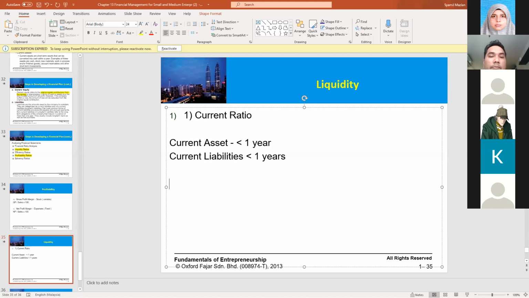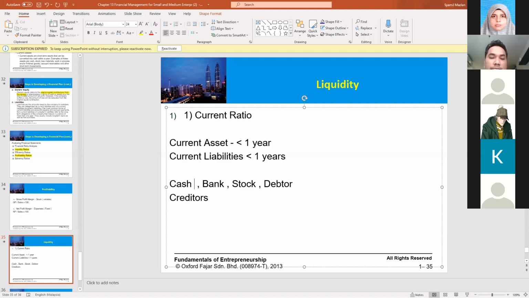Examples of current asset: cash, bank, stock, and the debtors. How about the current liabilities? The creditors. I think only the creditors are less than 1 year. The other things are more than 1 year.